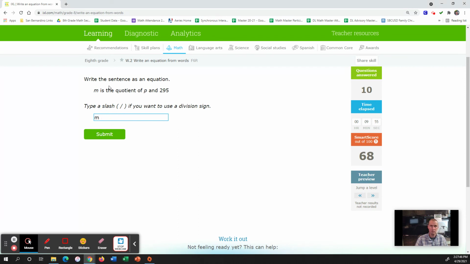M, the word is equal, the quotient, which means divide. So P divide 295.